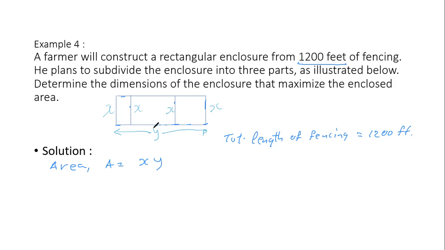So we have four vertical lines with length x, therefore it is 4x plus two horizontal lines with length y, it is 2y equal to 1200. Now let's solve this equation for y. These two are the equations we have, 1 and 2.